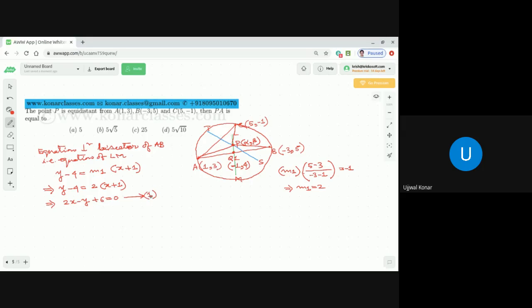In the similar manner, we can find the equation of that blue line, that is the equation of TS, which is the perpendicular bisector of the line AC. Now how to find it? So we write it down here.